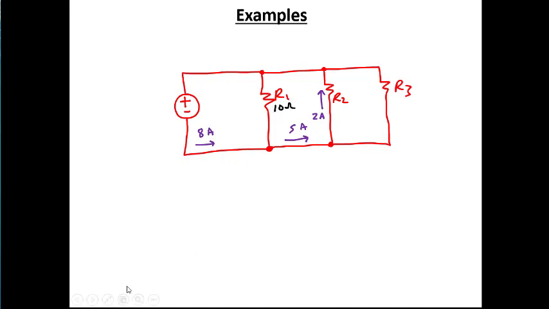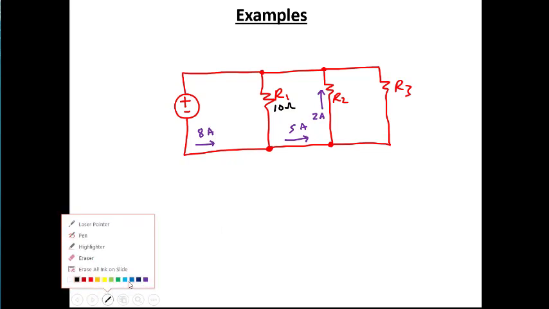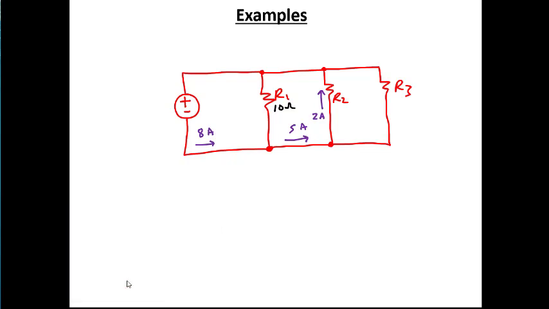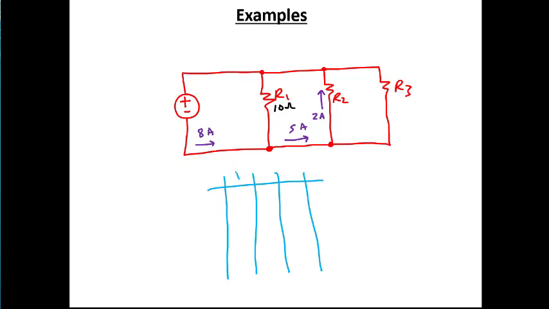Okay, so what we're trying to do is figure out what else we have for this problem. So can we find all of the other unknowns? So here we have voltage, current, resistance, and power. And so we start off, we have R1, R2, R3, and total.